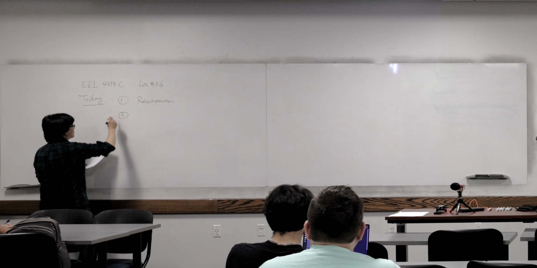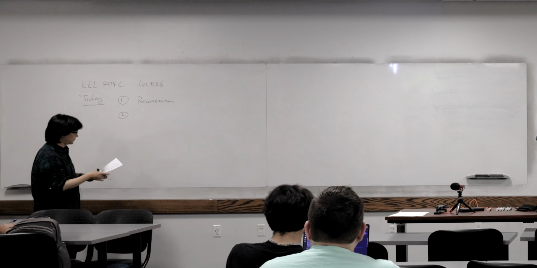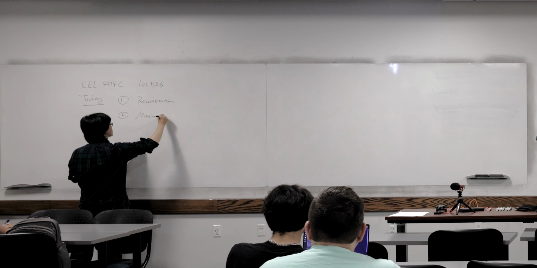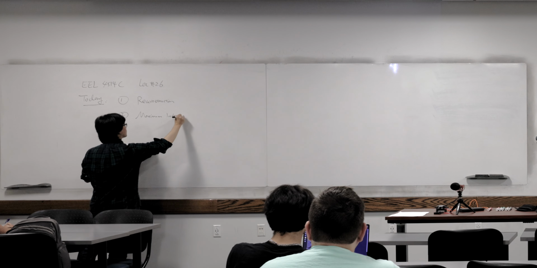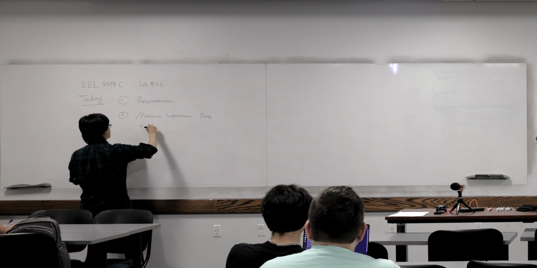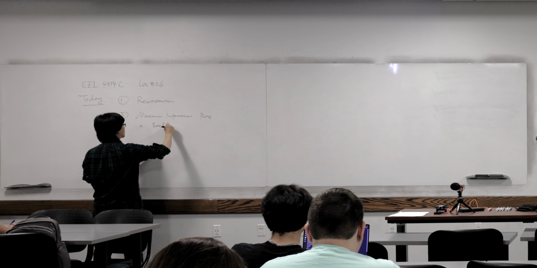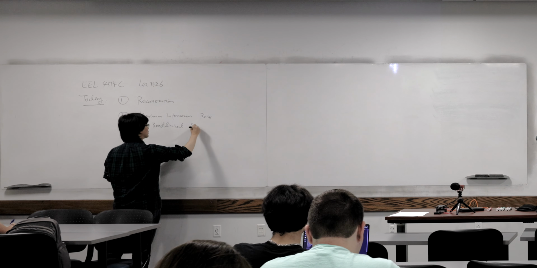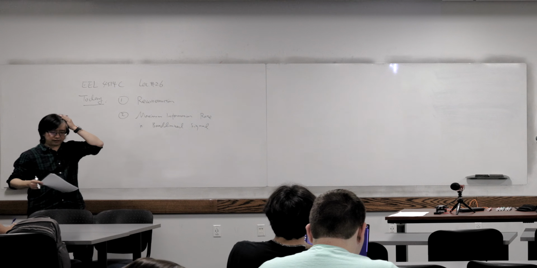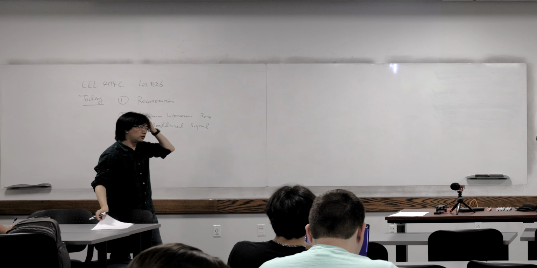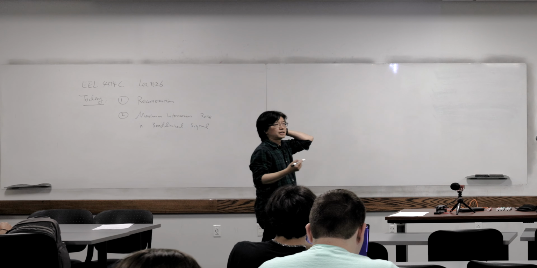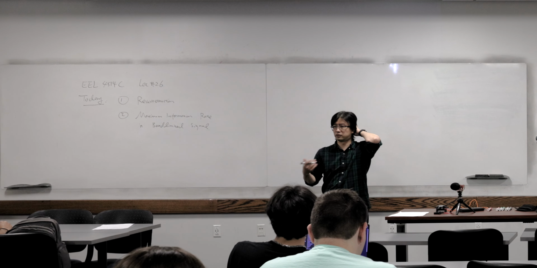And after that, we're going to talk about another concept, which is called the maximum information rate in band limited signal. Okay, so this is basically to say as follows. In practice, you may have heard this is the bandwidth of a signal, right? And ideally, if I have more bandwidth, supposedly we can transmit more.